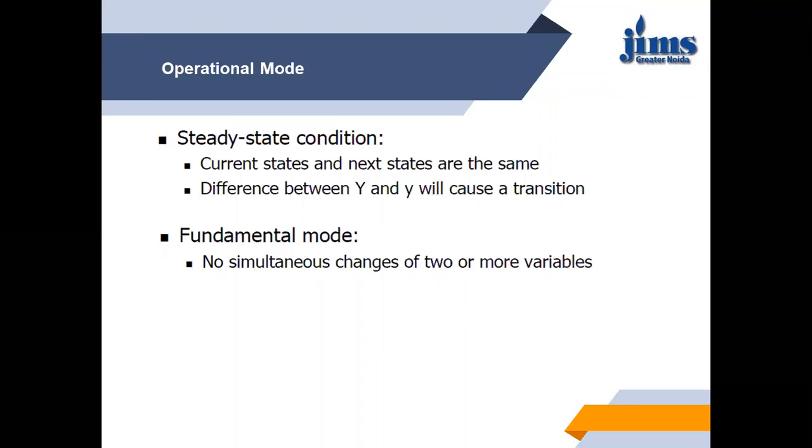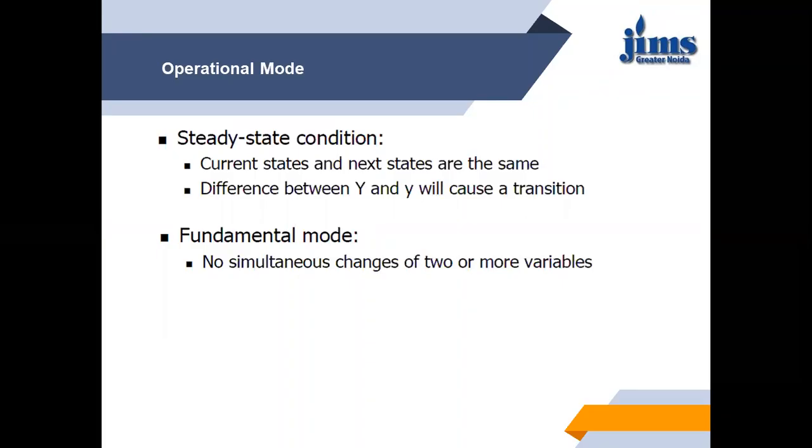Now the fundamental mode: no simultaneous change of two or more variables. That means at any time, a single bit or single variable should change, as in the case of Gray code. If we have two present state variables, y1 and y2, only one secondary variable should change, either y1 or y2.